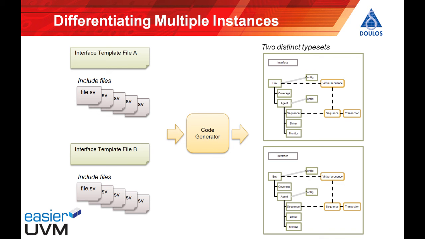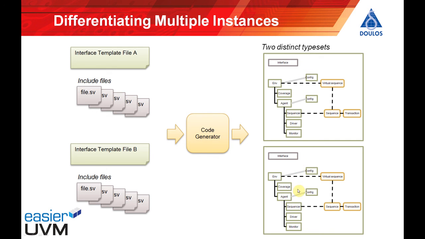Or another reason might be if you've got multiple instances of the same agent, but they're actually being used to drive very different interfaces of the design under test. For example, to use a trivial example, you might have an APB agent within one interface and another APB agent within a completely different interface.